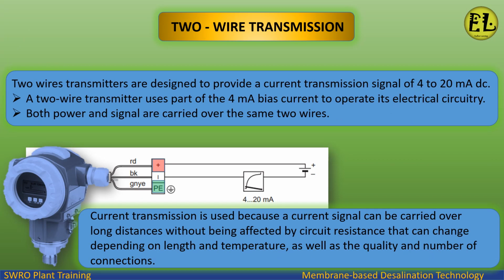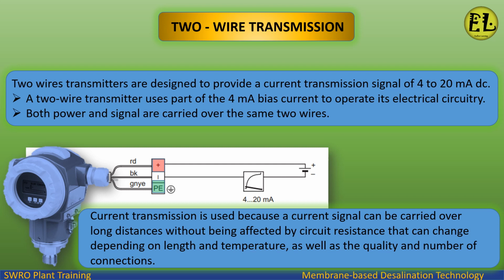2-wire transmission. 2-wire transmitters are designed to provide a current transmission signal of 4 to 20 mA DC. A 2-wire transmitter uses part of the 4 mA bias current to operate its electrical circuitry.